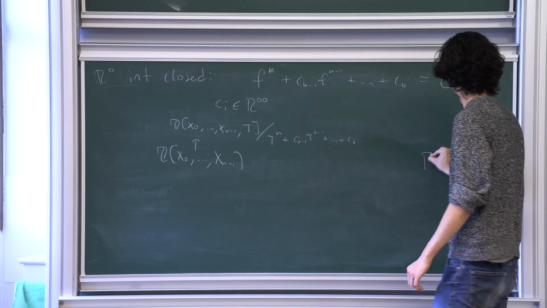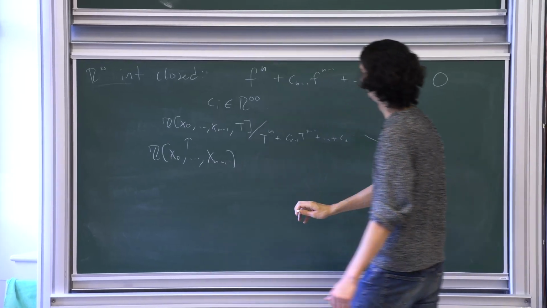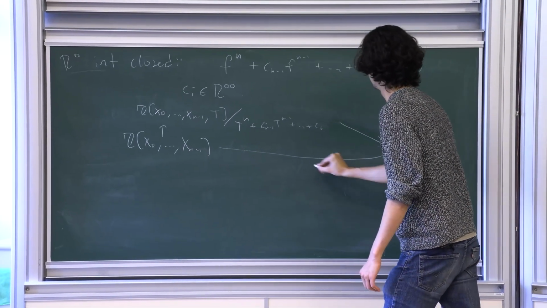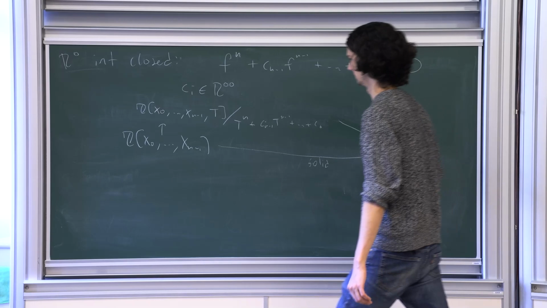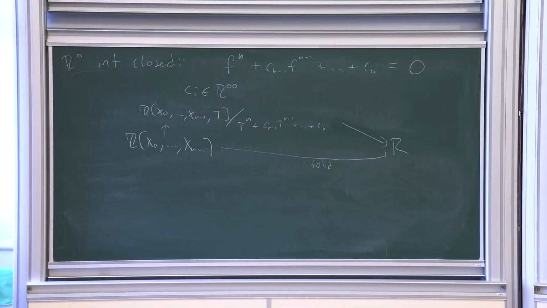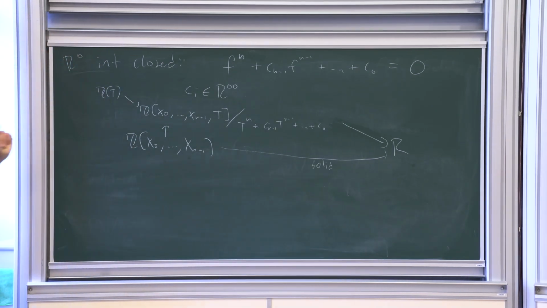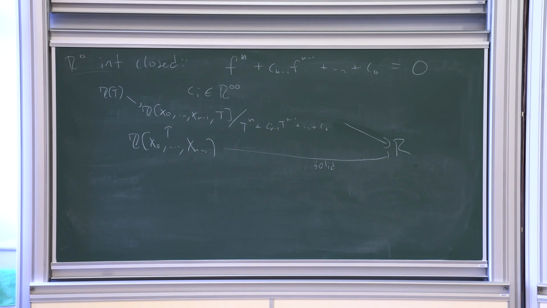And we have our solid ring R. By hypothesis, we have a map here such that when we compose to here, R becomes a solid module over each of the variables. What we want to show is that when you compose here, it becomes a solid module over this variable.